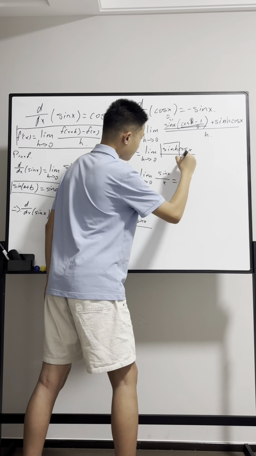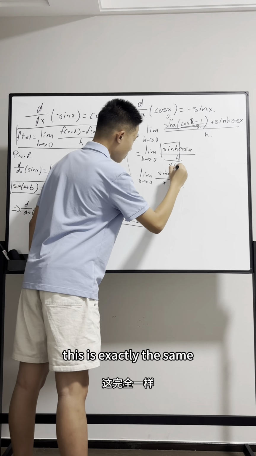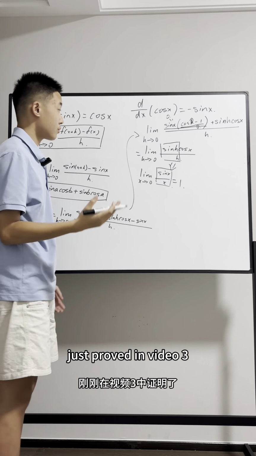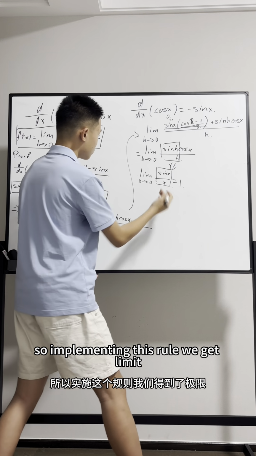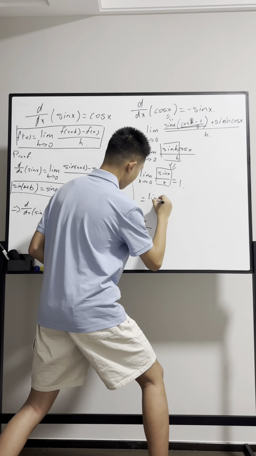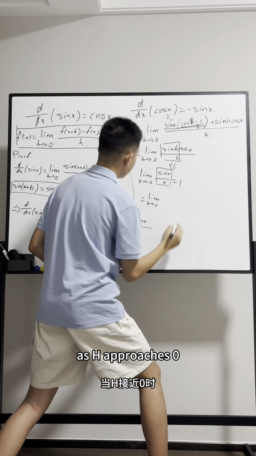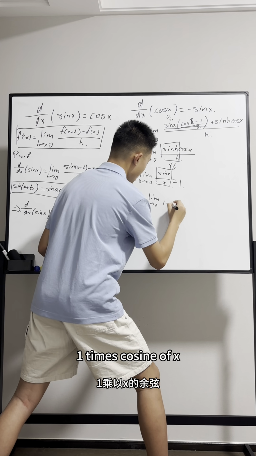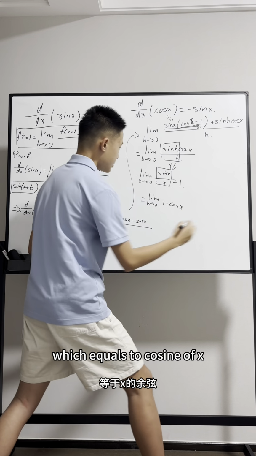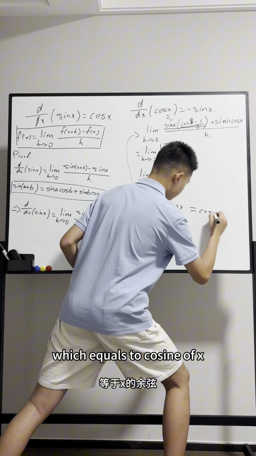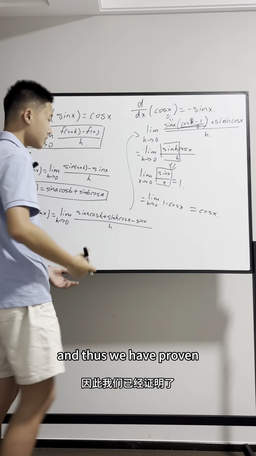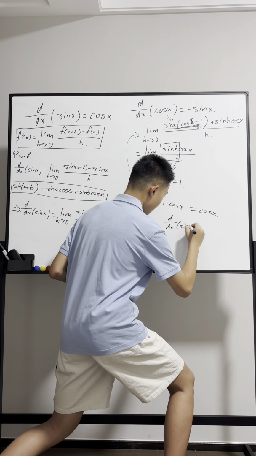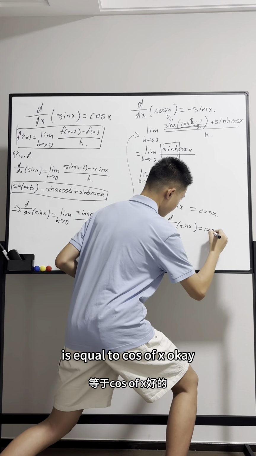This is exactly the same as the one we just proved in video 3. So implementing this rule, we get the limit as h approaches 0 of 1 times cosine of x, which equals cosine of x. And thus we have proven that the derivative of sine of x is equal to cosine of x.